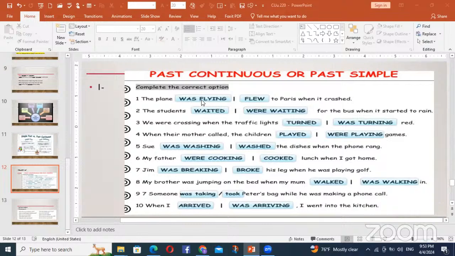So here we have the long action, it was flying, and the short action, it crashed. The short one is past simple, and then we have the long time, which is the past continuous. Jamil, very good. Number two: the students waited, or were waiting, for the bus when it started to rain.